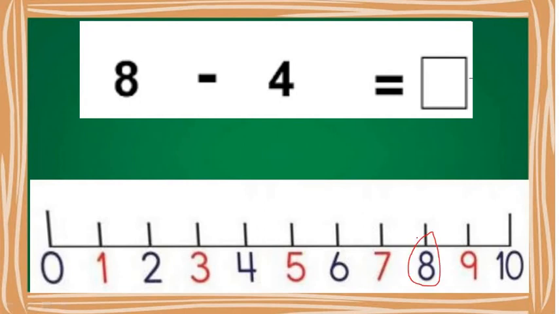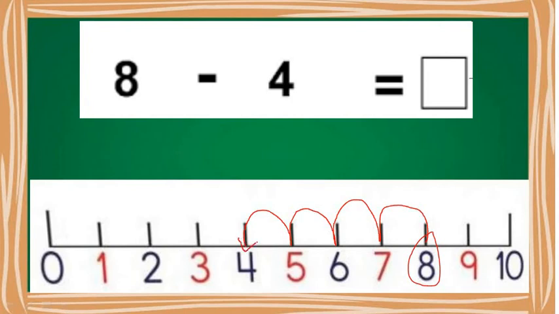Now I told you again that as we are going to make subtraction, keep this thing in your mind that you have to move backward or go left side on the given number, and our sum is 8 minus 4, which means you have to move 4 steps backward. 1, 2, 3 and 4.